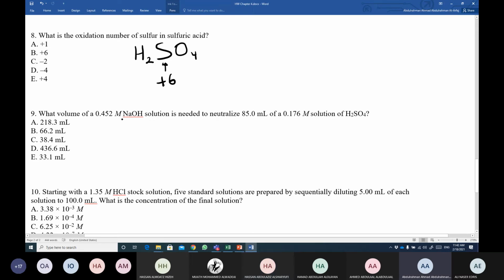What volume of 0.452 molar NaOH solution is needed to neutralize 85.0 milliliter of 0.176 molar solution of H2SO4? So what did we do here? We reacted NaOH with H2SO4 to make what?